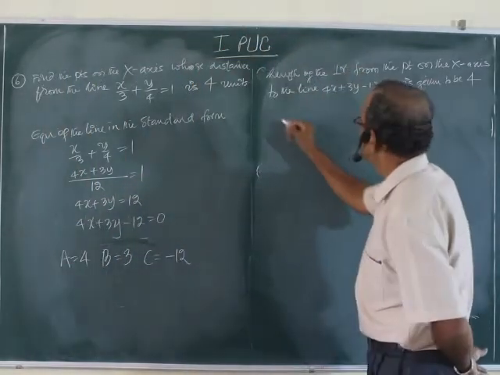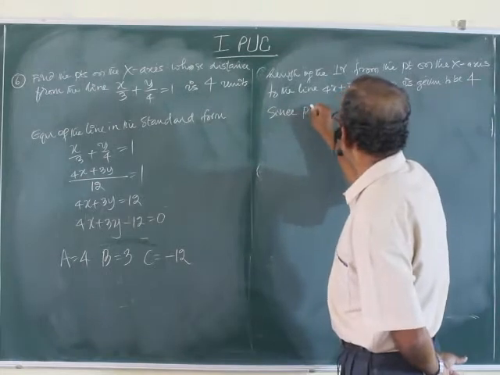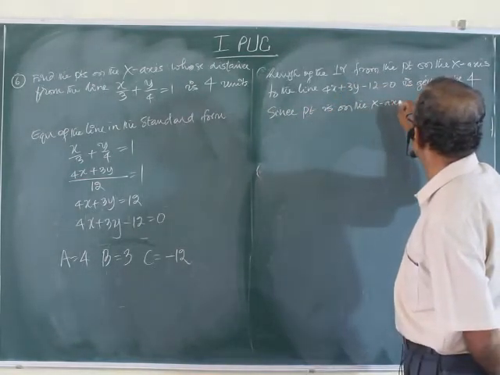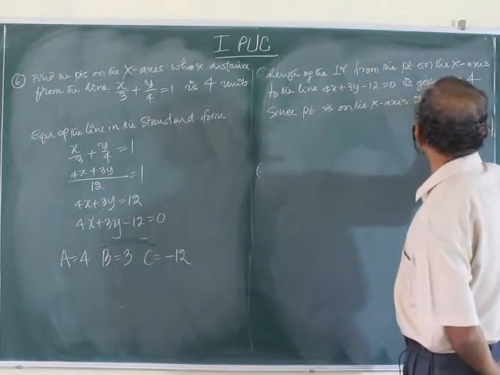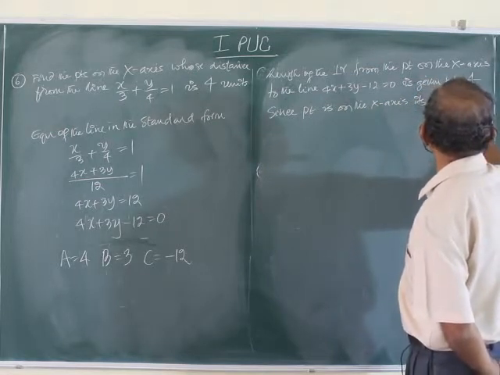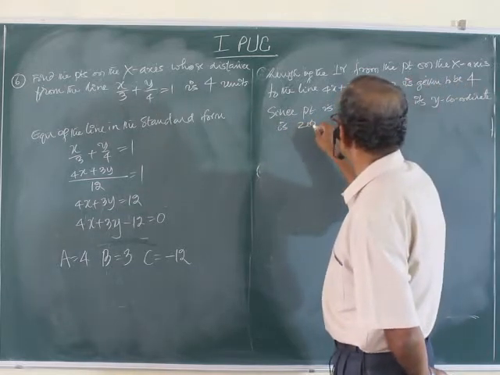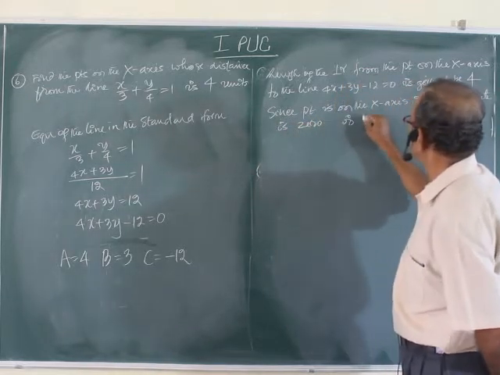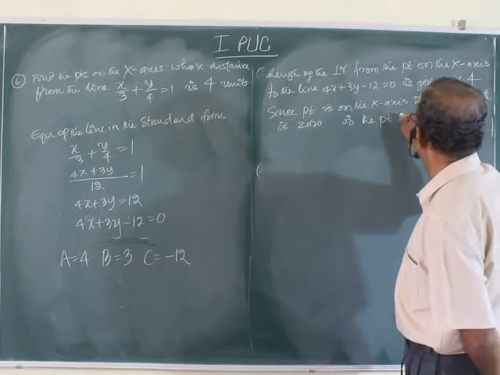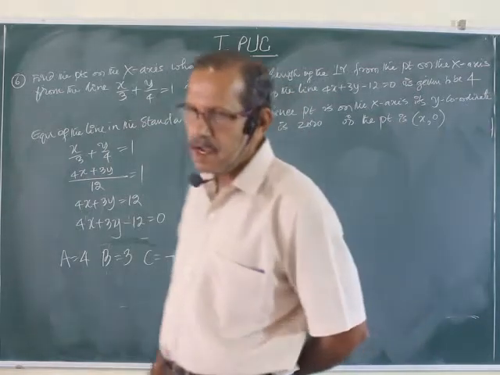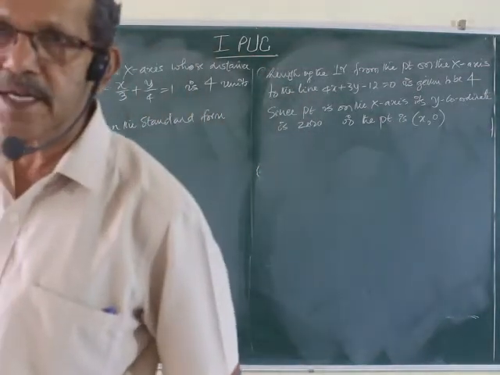So, since the point is on the x-axis, its y coordinate is 0. Therefore, the point is, how to write? X, 0 you write. X coordinate is there, but y coordinate 0.